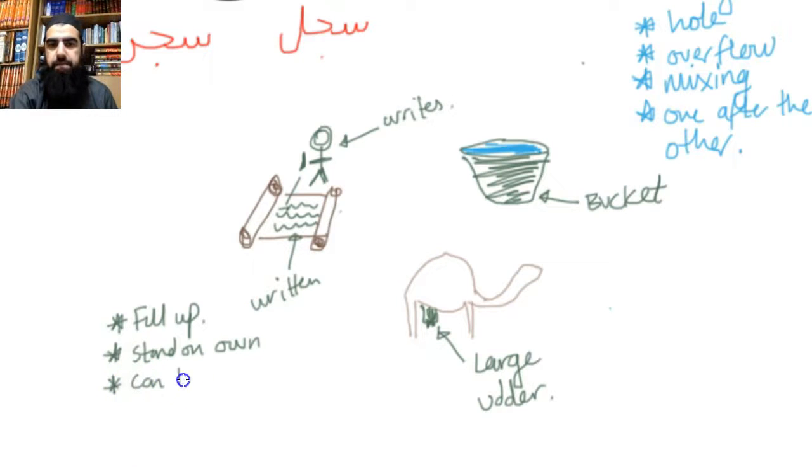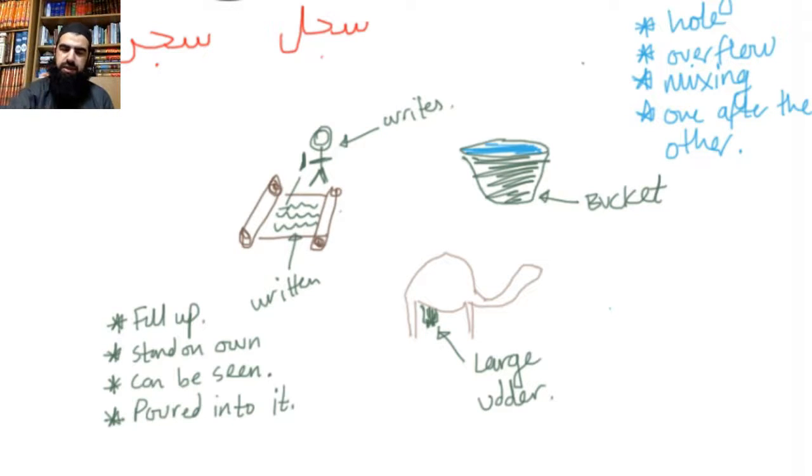Also you have the meaning of can be seen. It's visible from a distance, like the camel's udder can be seen, the writing in the scrolls can be seen. And the meaning of poured into something as well. So you can see a common meaning with all these words that begin with seen, jeem, of pouring.